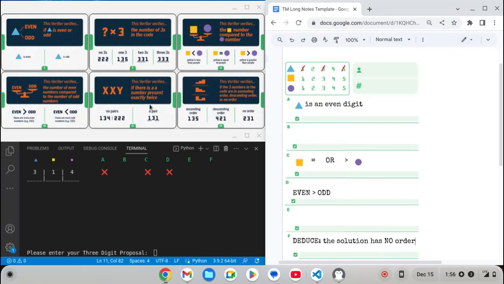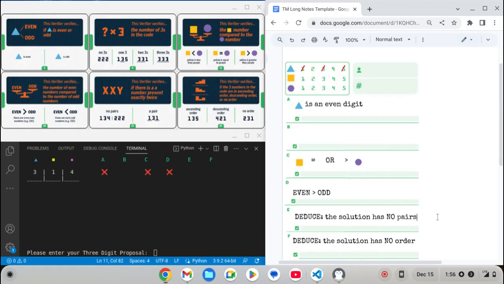So if you presume that there is a pair, then it would make criteria card F irrelevant, because you would know that they would have no order. So it's safe to deduce that the solution should have no pairs. Let's type that up in our notes, and we'll say we're going to deduce the solution has no pairs.